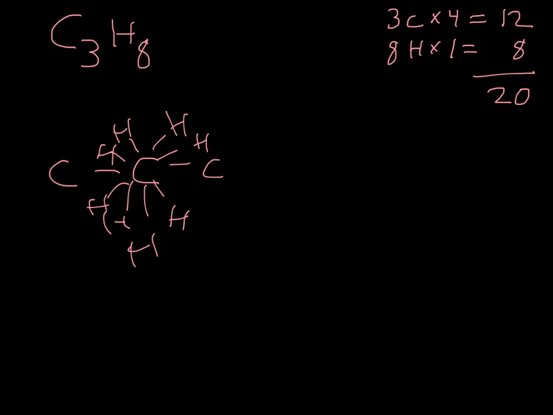We have a problem, because how many electrons do we have around our carbon? 2, 4, 6, 8, 16, we got 20 electrons around our carbon. Carbon's in the second energy level. It can only hold 8 valence electrons in its valence shell. It can't hold 20 electrons, so that can't be right.